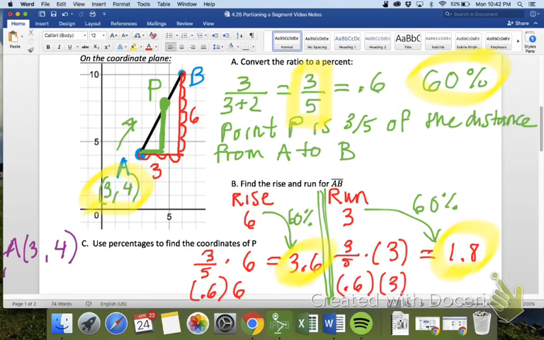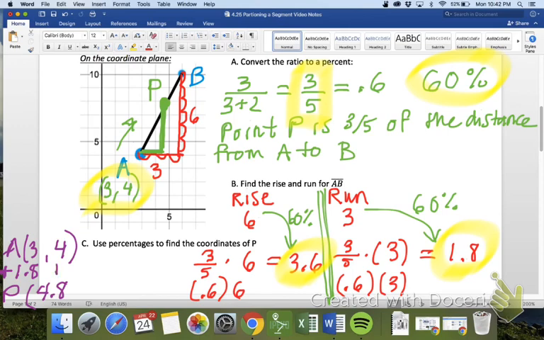So I'd add 3 plus 1.8. So then for point P, my new x value would be 4.8. And then for the y value, I'm adding the rise, because that's the vertical distance, the y distance.